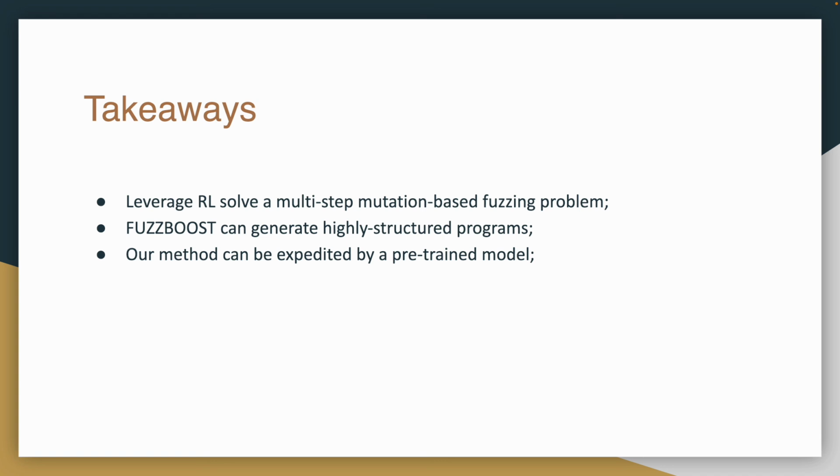So here are some takeaways about our work. We reviewed our insight of leveraging the superiority of reinforcement learning for compiler fuzzing to efficiently solve a multi-step mutation-based fuzzing problem. In our method, we lazily evaluate the mutation result and consider those intermediate states in the mutation traces to explore code coverage in a deeper way.